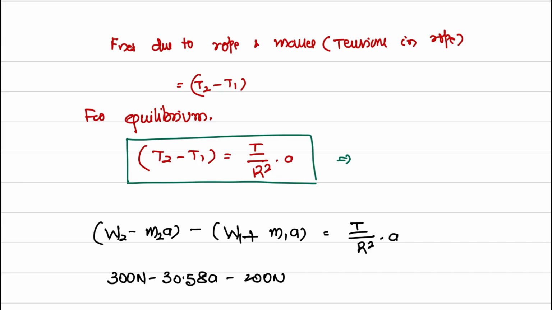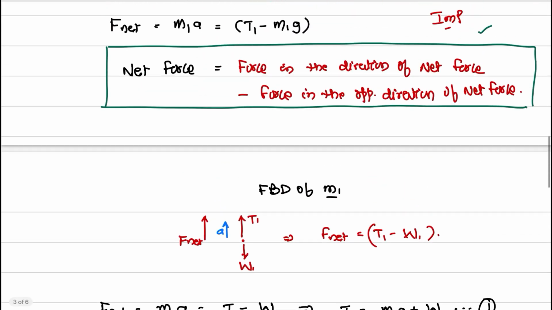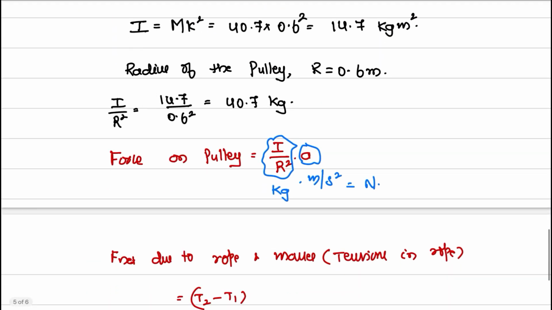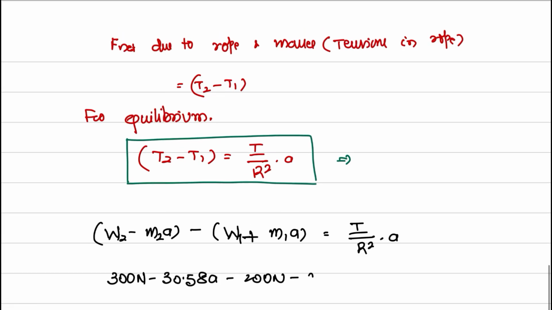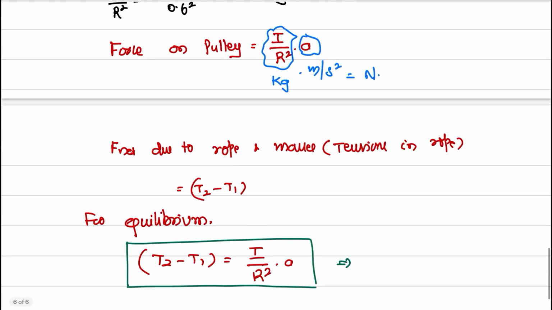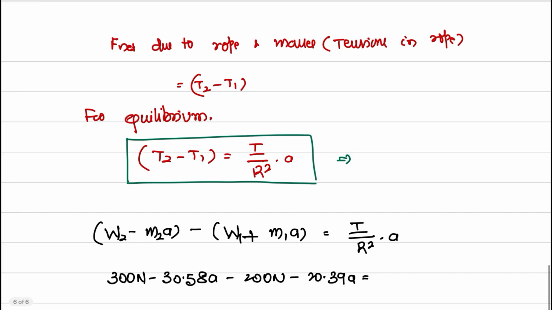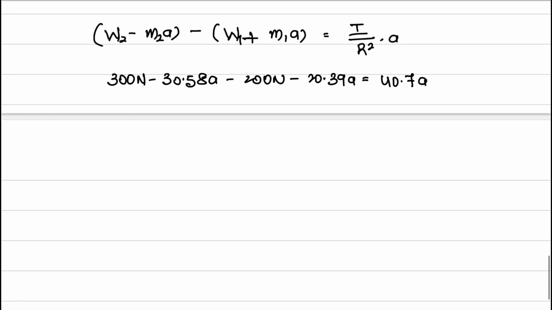Minus 200 newtons minus M1, which is 20.39 into A, is equal to I by R square. What is the I by R square? 40.7 into A. From this it is a single equation with single variable.